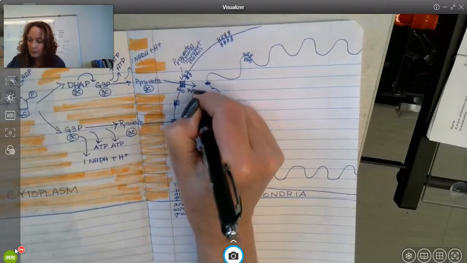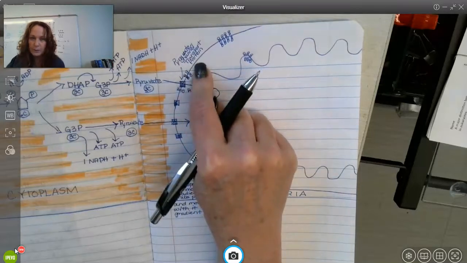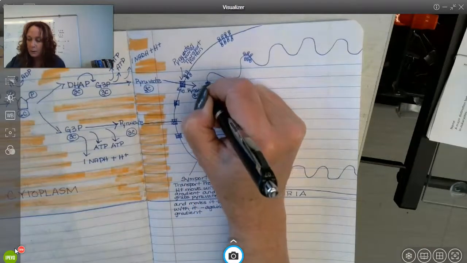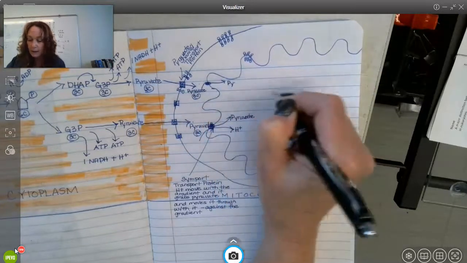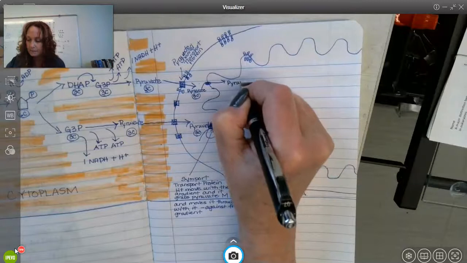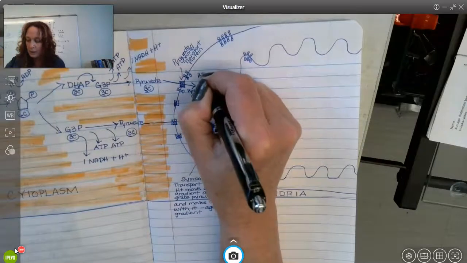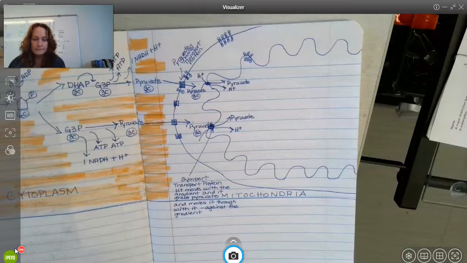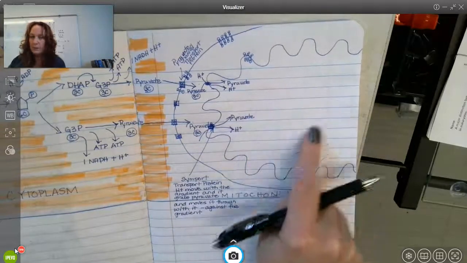I'll put that pyruvate came through this outer membrane channel transport protein, 3 carbons, and it's going to be driven in here into this inner space because hydrogen ion will come with it. So now we have pyruvate in this middle space.